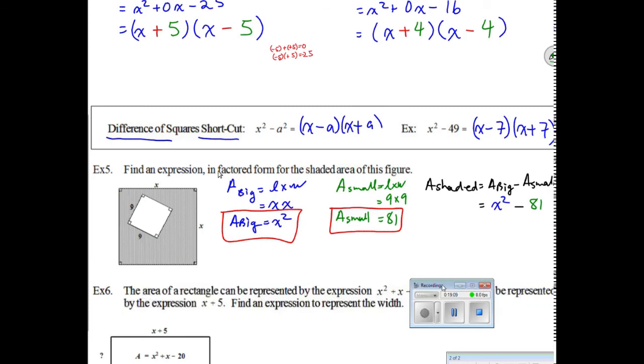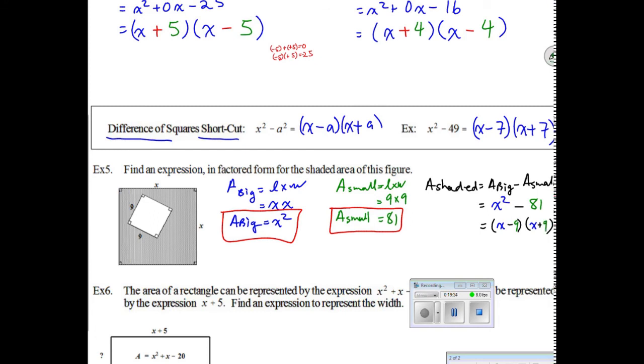But it says we need to factor it, right? Isn't this just a difference of squares shortcut? So it's going to be x minus 9, x plus 9. And we're done. Yeah, we are done.